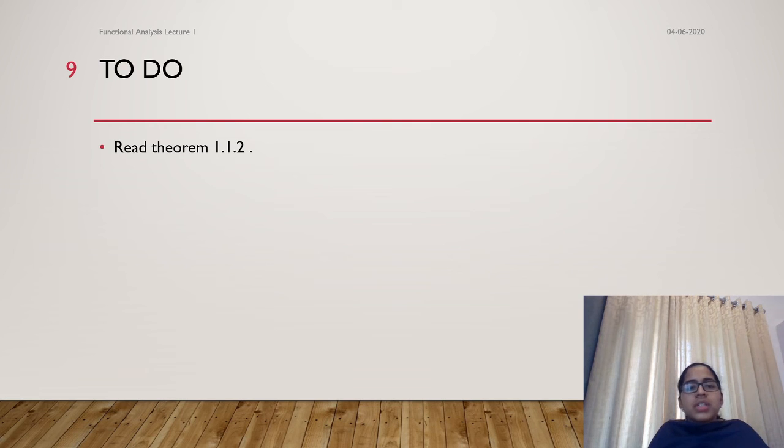I would like you to read theorem 1.1.2, and it is a simple theorem. We don't have to go for the proof of the theorem, and the theorem basically describes the dimension.